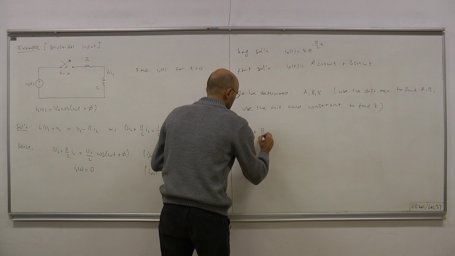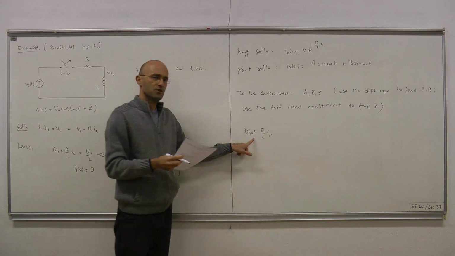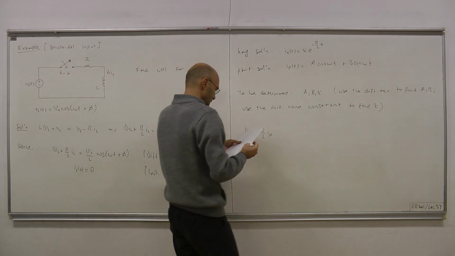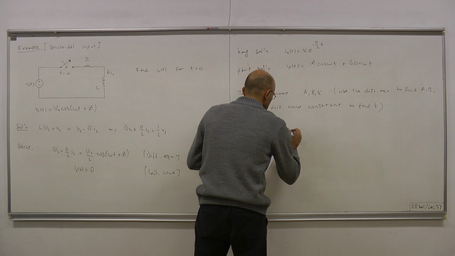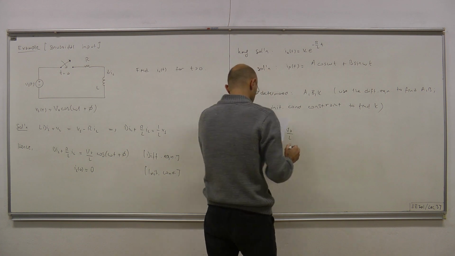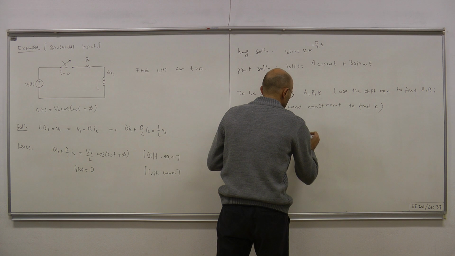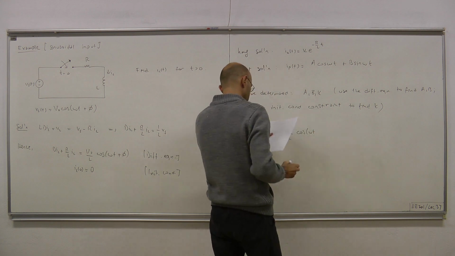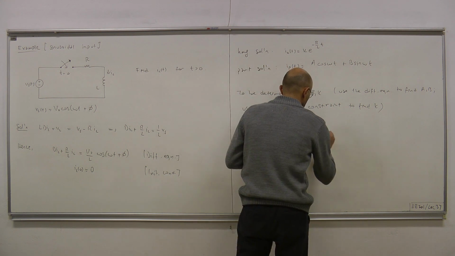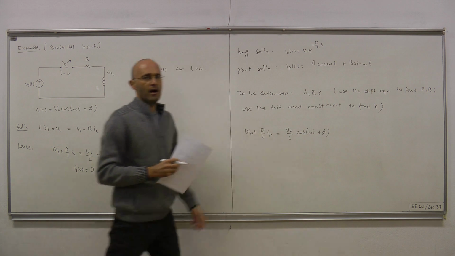dIP over dt plus R over L IP, and IP is our particular solution, equals E0 over L cosine of omega t plus phi.